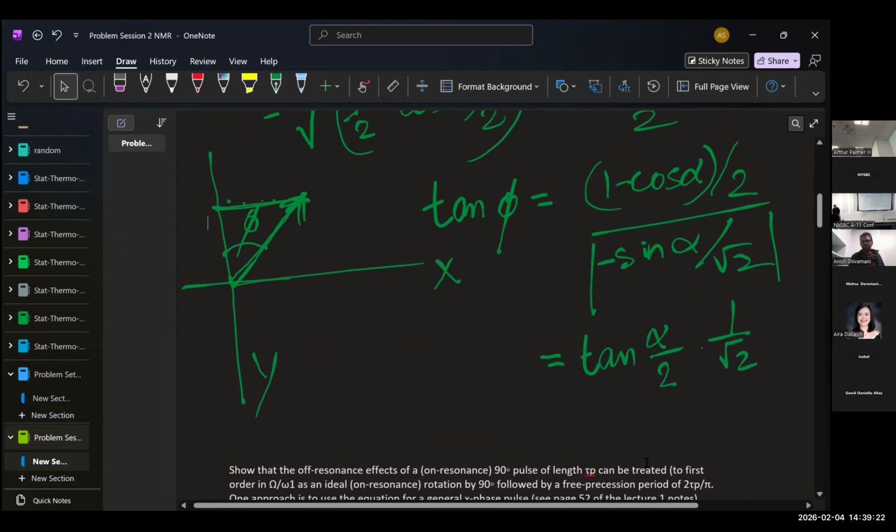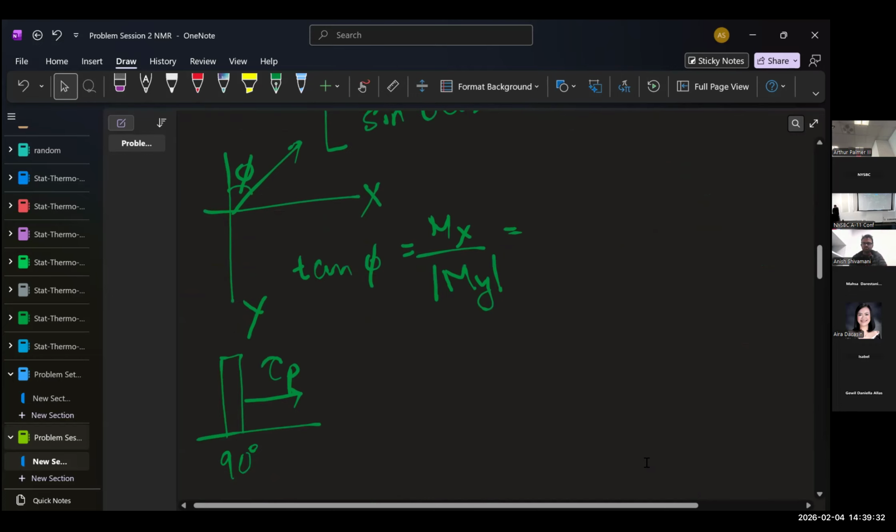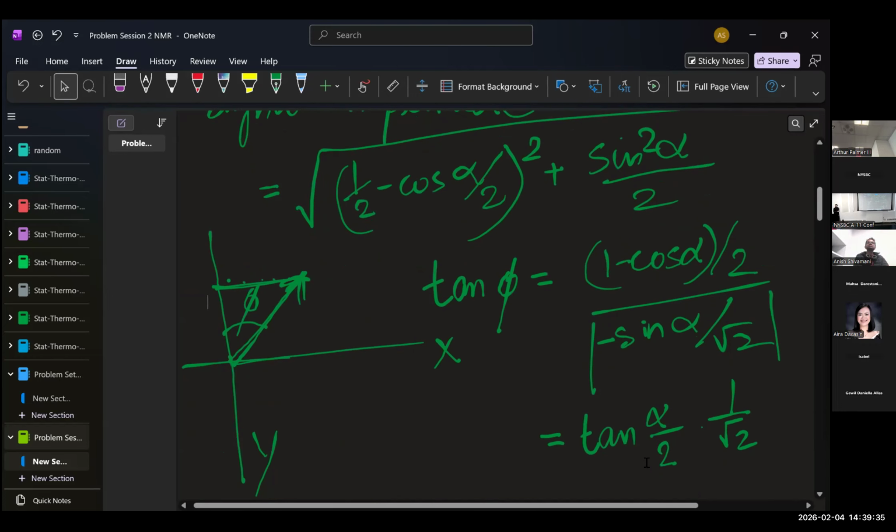Of course, for a 90-degree pulse, alpha turns out to be √2 greater than the 90-degree. I think in this case, alpha was √2 times π/2.